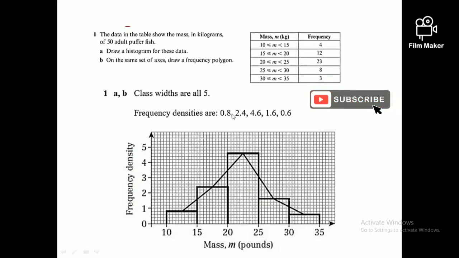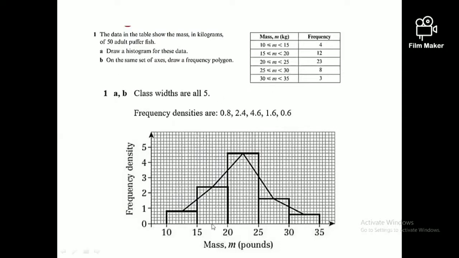For this case, it's not a problem because the class widths are similar. But if the class widths are not similar, definitely you have to mark the frequency density. Anyway, in this question, we will go ahead with the frequency density graph because that is the most frequent information we need to handle.